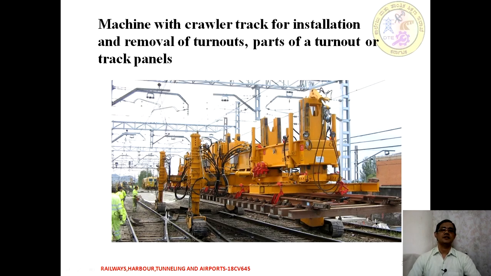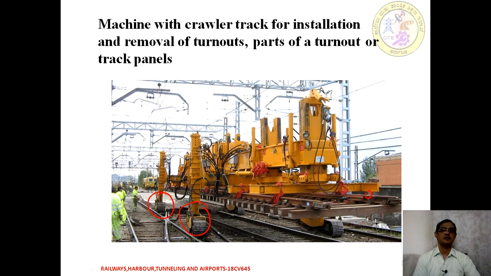This is another type of machine. It is used as a crawler type. It is specially used for installation or removal of a turnout, as parts of a turnout or track panel. We can see it has crawler wheels on the crabs, on either side.